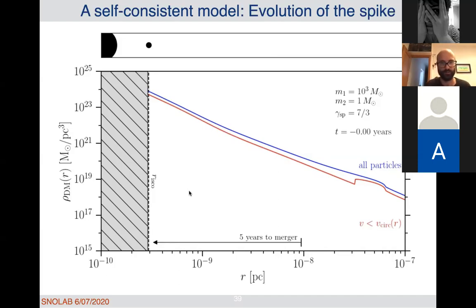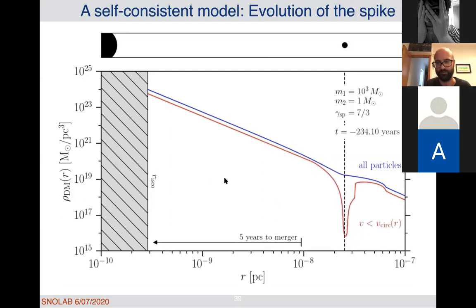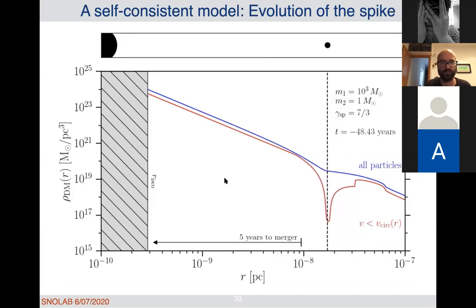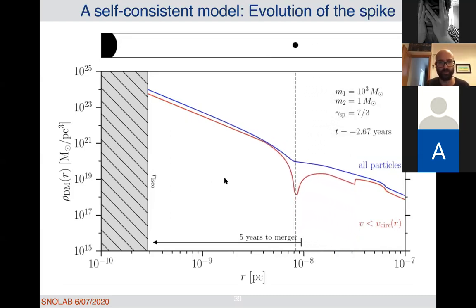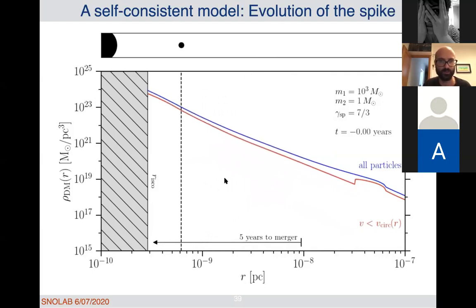So this is basically what happens. In particular, in the first part of the inspiral, if you noticed, this effect was more relevant, when you're farther away from the center. The reason is that when the inspiral progresses, you are more and more dominated by gravitational radiation losses. And so dynamical friction plays a minor role in the last part of the inspiral.